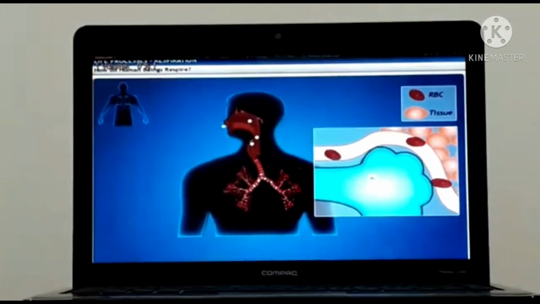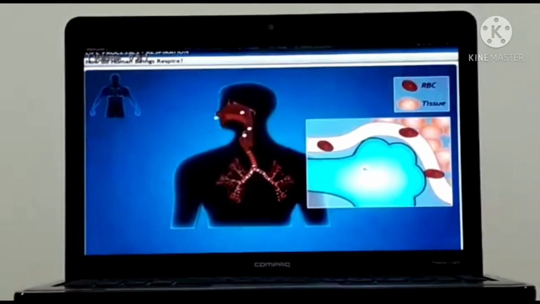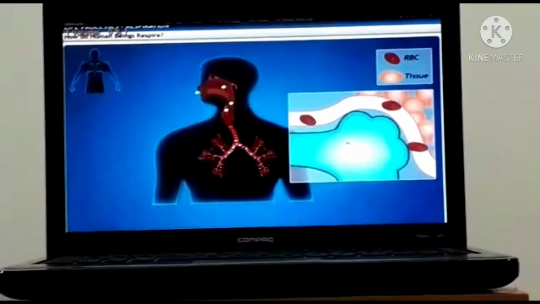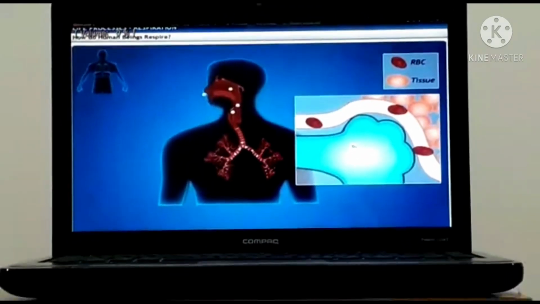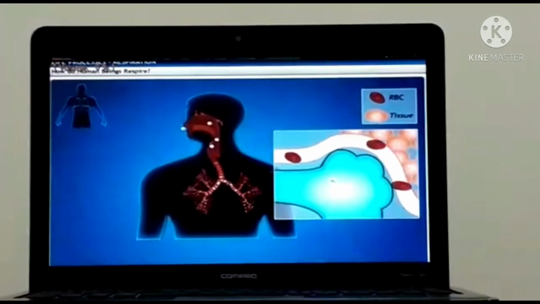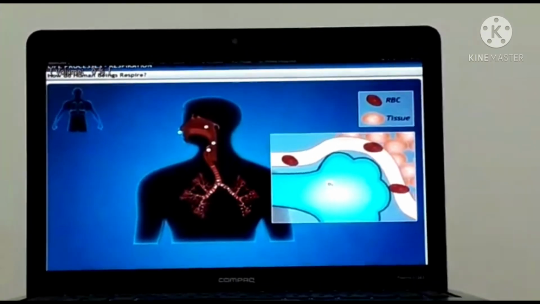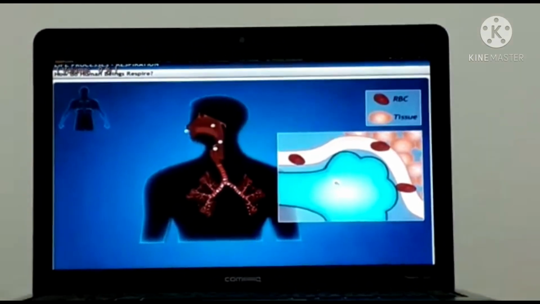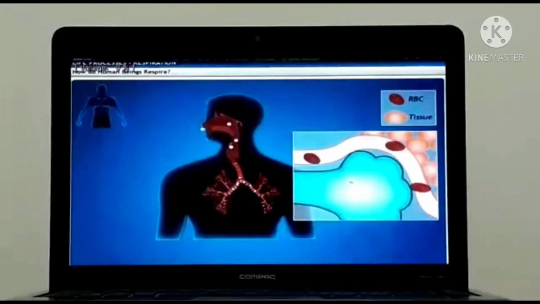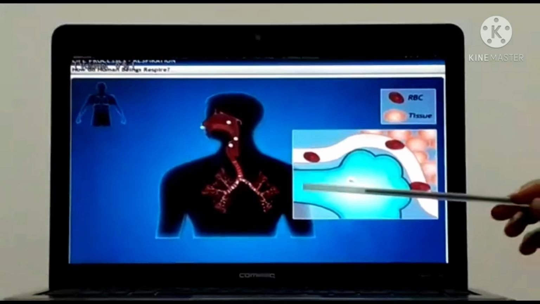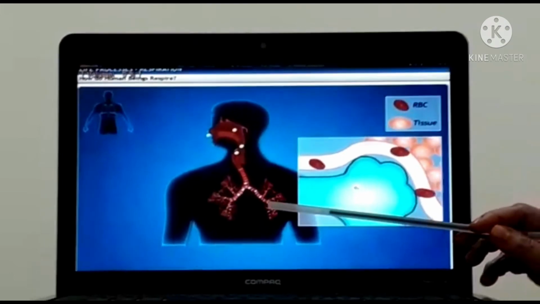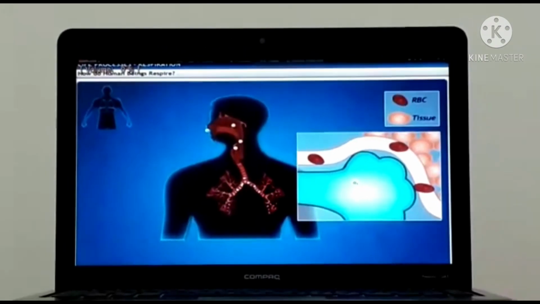So the major part, 97% of oxygen, combines with hemoglobin and is transported in the form of oxyhemoglobin. Only 3% dissolves in blood plasma and is transported. And when the oxygen content is low, it is called deoxygenated blood, and this deoxygenated blood travels to the lungs for oxygenation.